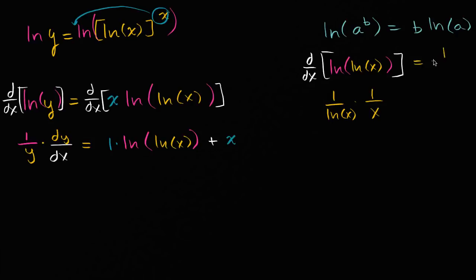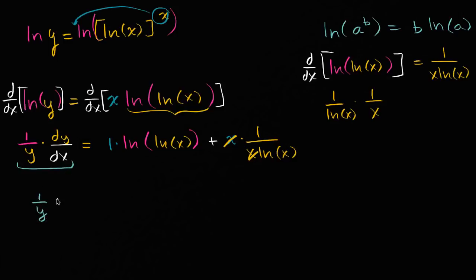So this is equal to 1 over x natural log of x. So the derivative of this second function right over here is 1 over x natural log of x. Let's see, that x and that x cancel out. And so we are left with 1 over y, and I'll just write all of this in this blue color.